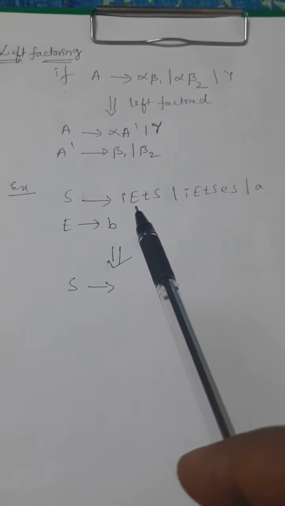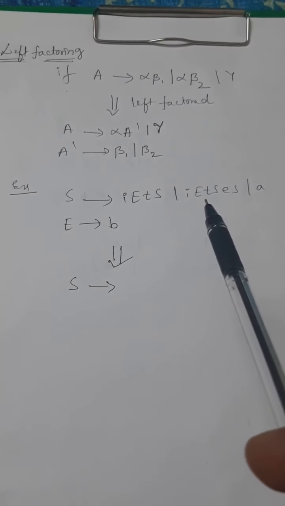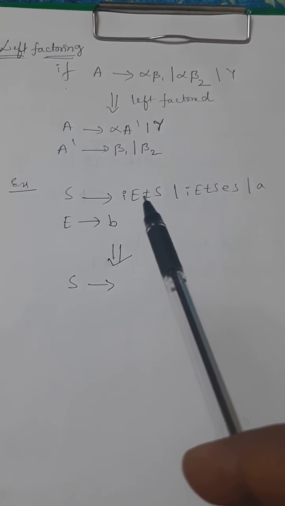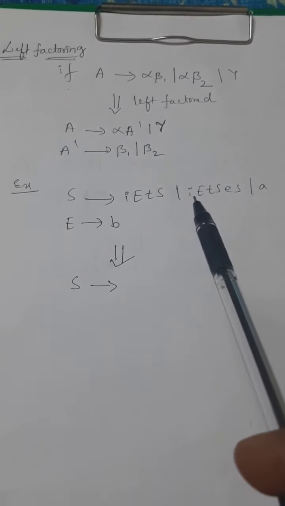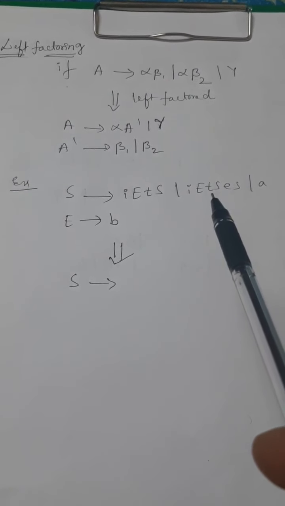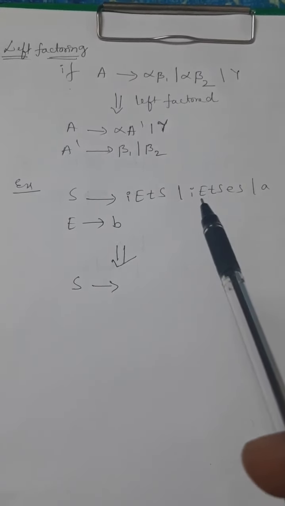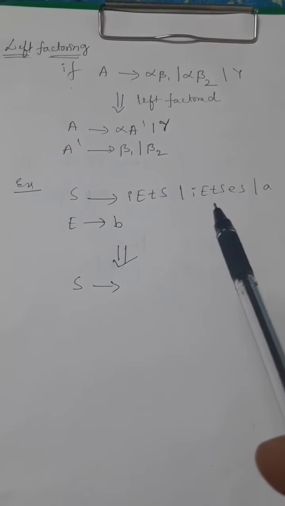The longest common prefix is I E T S in this production, and I E T S here also. So I E T S is the common prefix in these two productions.